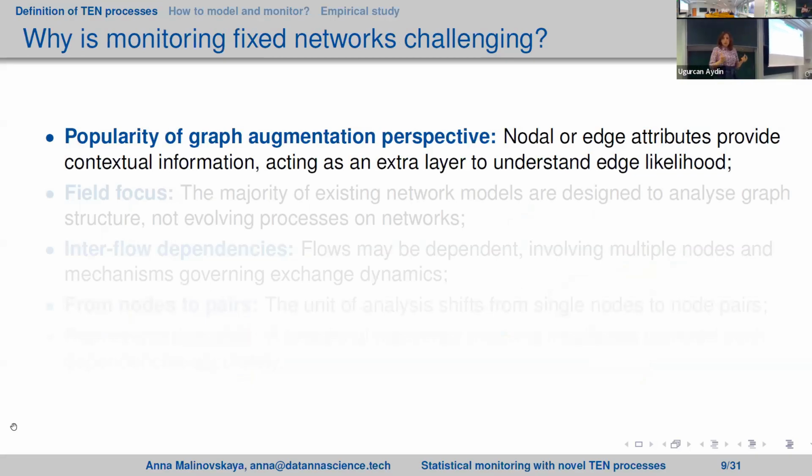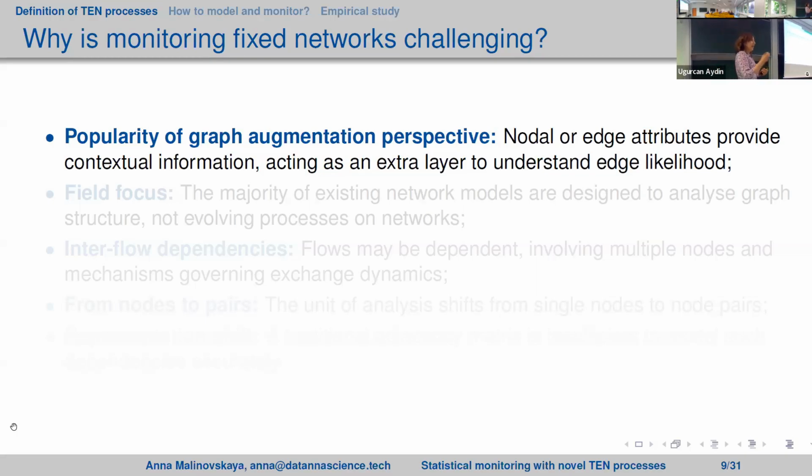Now, thinking about what the challenges are, first of all, look into the field of network monitoring, or in general, network analysis, specifically from the statistical point of view. All of the attributes or variables that you attribute to nodes and edges are usually regarded as some kind of extra layer, or additional aid information to understand the whole network better, like edge likelihood.